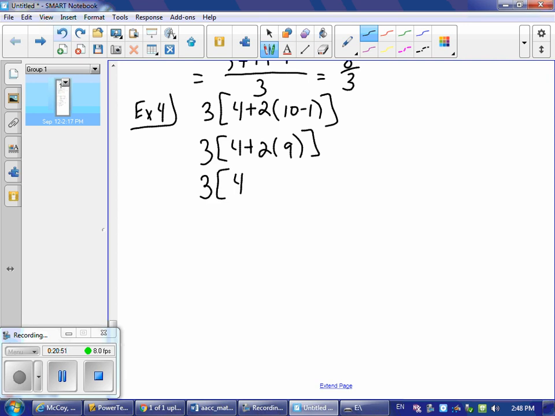Can't do anything with the 4 yet, but 2 times 9 is 18. Still working on simplifying the bracket. It's still a grouping symbol. So now 3 times 4 plus 18 becomes 3 times 22. And then 3 times 22, the last thing we can do is 66.